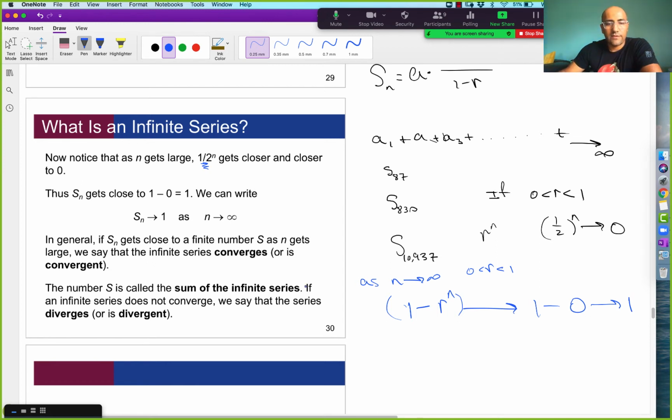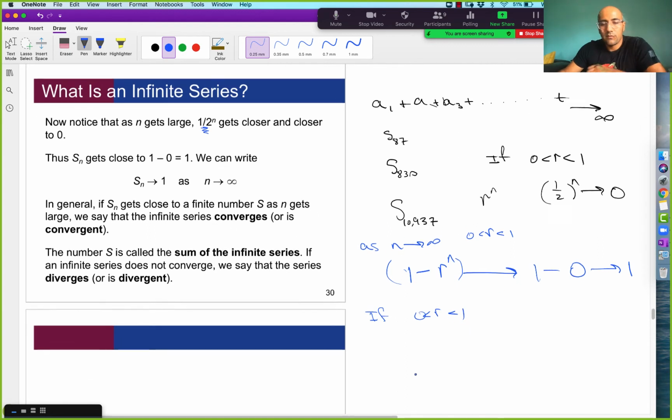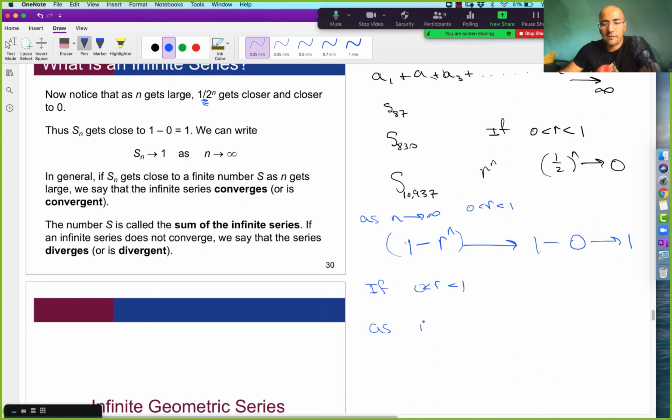Good. And so we arrive at the point that if r is between 0 and 1, then as n gets larger and larger, s sub n, which was the formula a times (1 minus r to the n) over 1 minus r, has this part of it go towards 0.